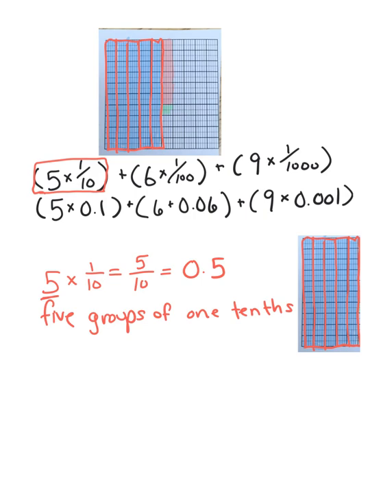Now let's look at this statement here, 6 times 1/100th. And then lastly, looking at our 9 times 1/1,000th. The structure for writing it in expanded form is digit times fraction or decimal form, digit times fraction or decimal form.